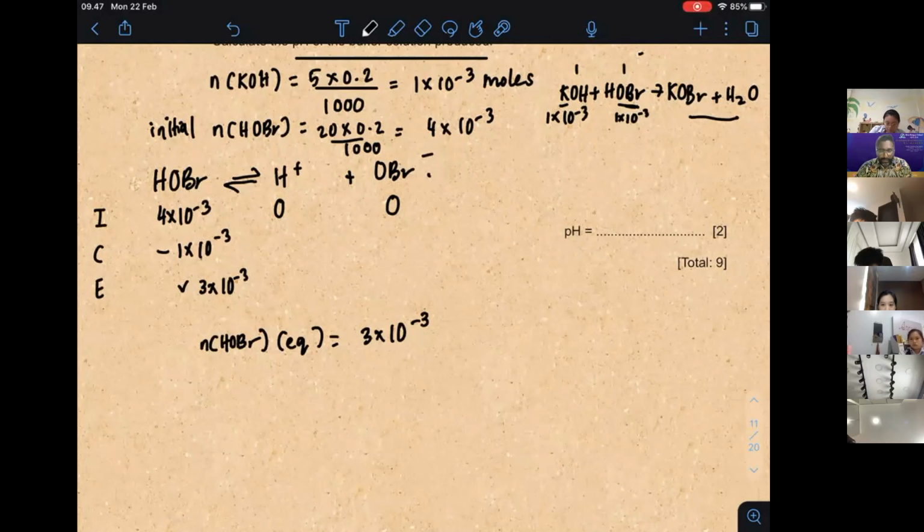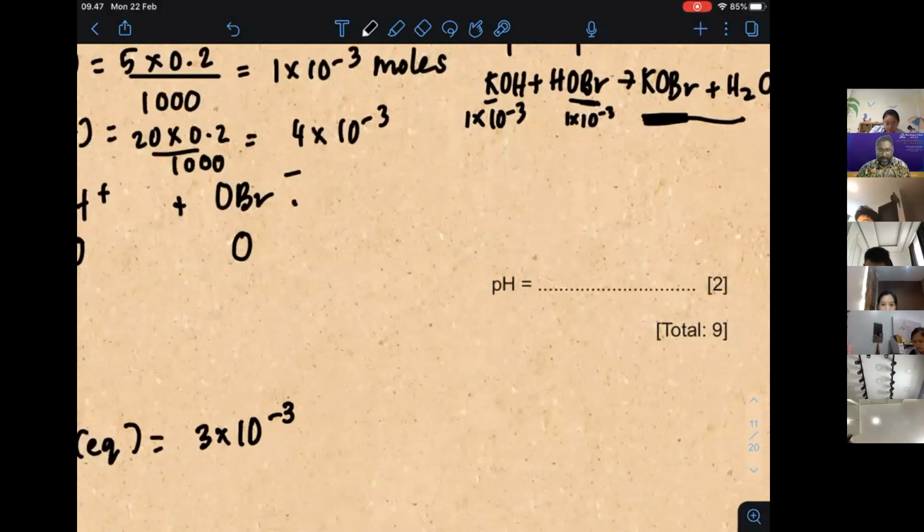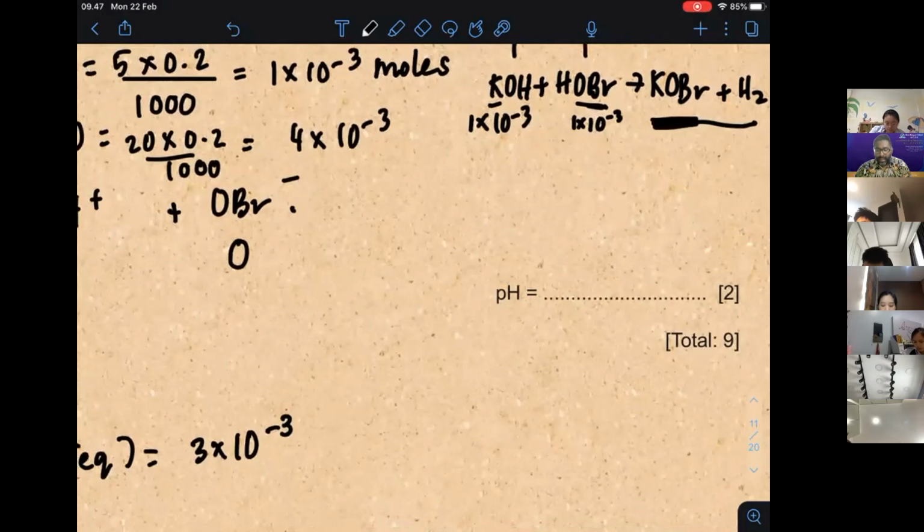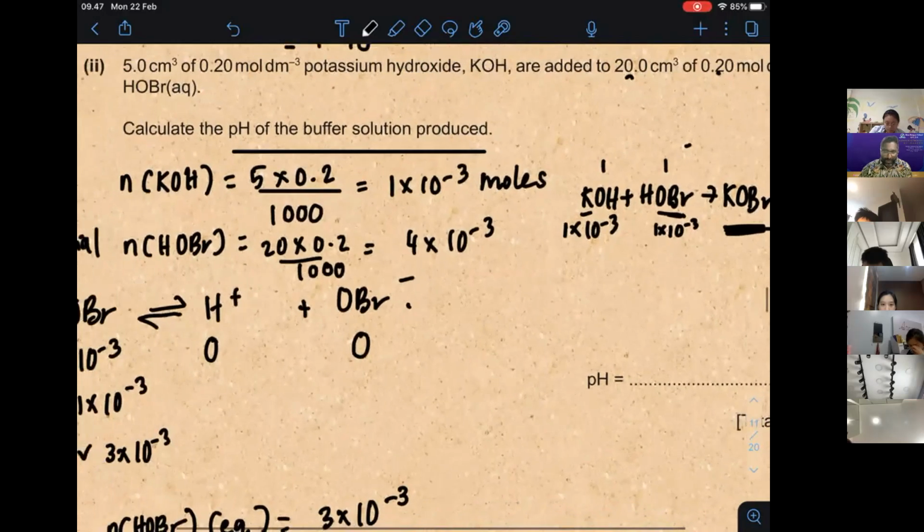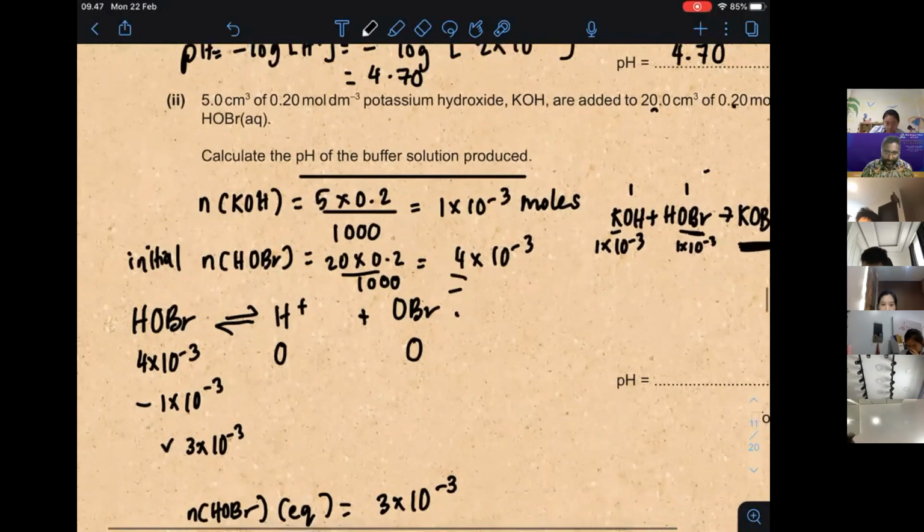This one is quite simple. It is based on the KOBr that we have. You can ask me why it's not coming directly from here.